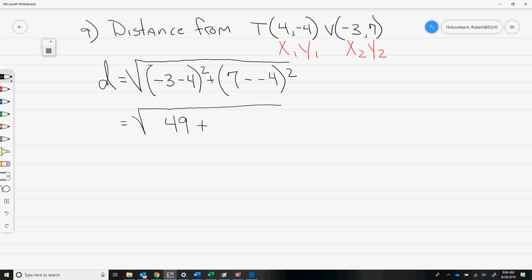And 11 squared is 121. And 49 plus 121 is 170. And the square root of 170 is 13. Alright, so your distance from point T to point V is 13 units.